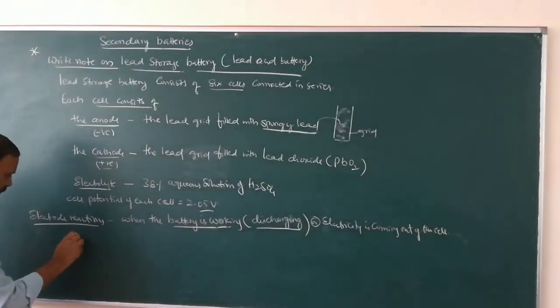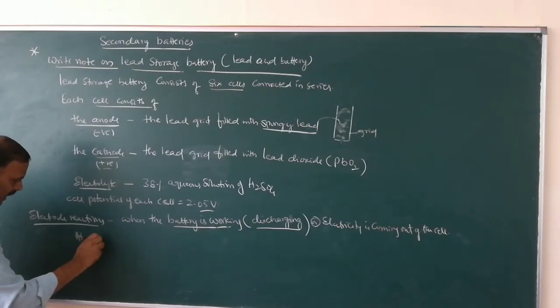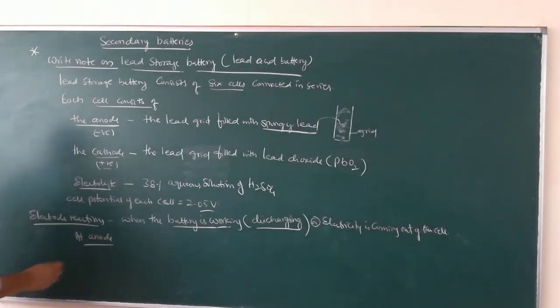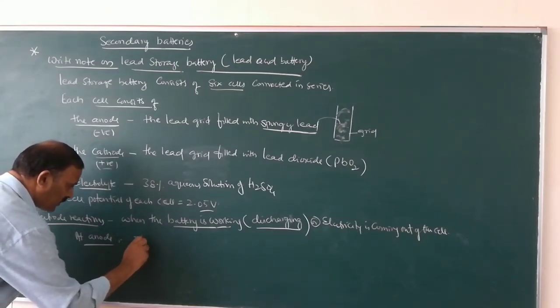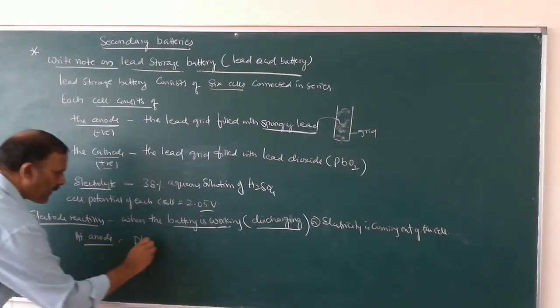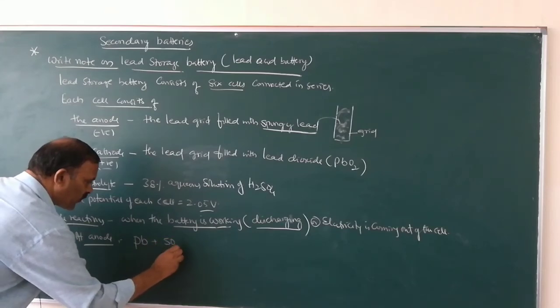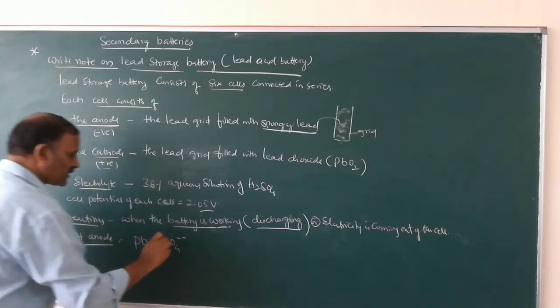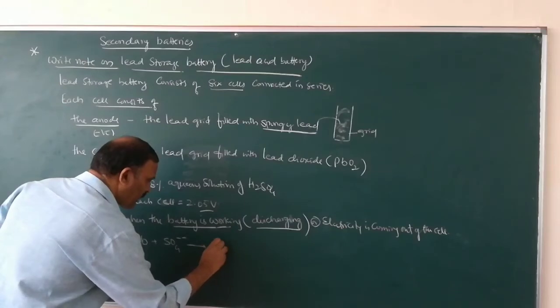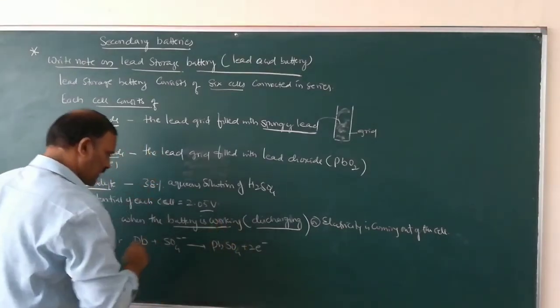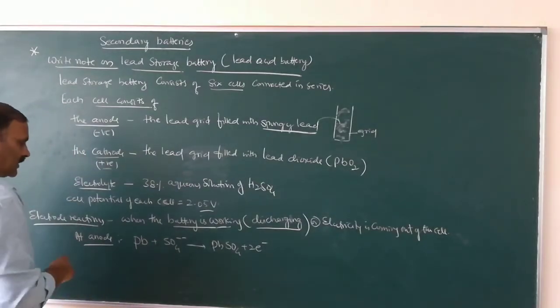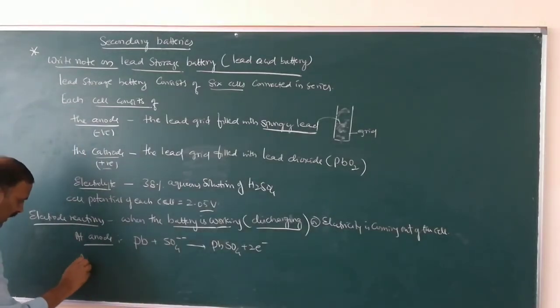So at anode, what is the anodic reaction? Pb plus SO4 2 minus gives PbSO4 plus 2 electrons. So this is the anodic reaction.